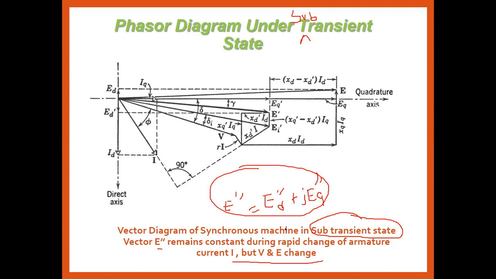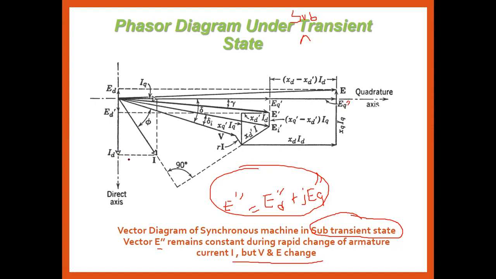It should remain constant, but the current, voltage and E should change. That is the phasor diagram under the subtransient condition, where ED should be replaced by ED double dash, ID should be replaced by ID double dash, whereas EQ should be replaced by EQ double dash.